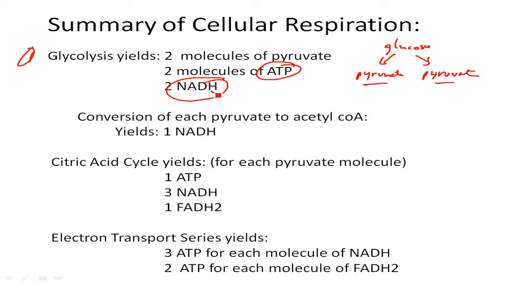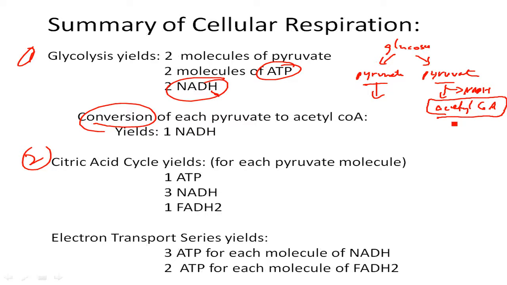All right, then we go to this little intermediate step where we convert the pyruvate molecules into acetyl-CoA. And when we do that, we're going to release some more energy and stick it in the form of NADH. So now we've got a little bit more NADH, and we can get some energy from that later on. Well, then we go to our second process here, which is the citric acid cycle, and we take that acetyl-CoA and we're going to run it through that citric acid cycle.